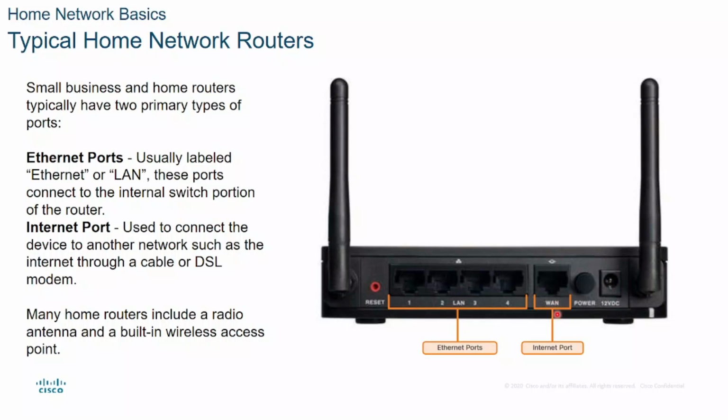Then the WAN, which is the internet port, is used to connect this wireless router to the internet via another device, and that device can be a DSL modem.